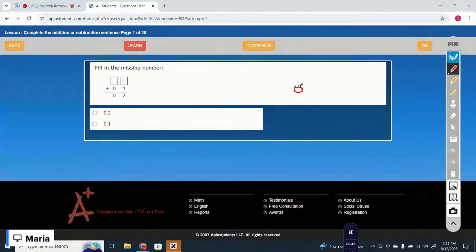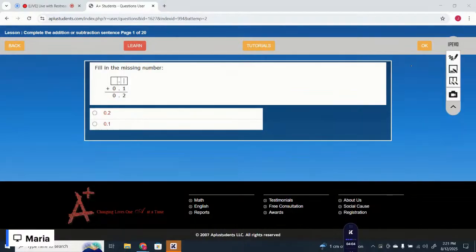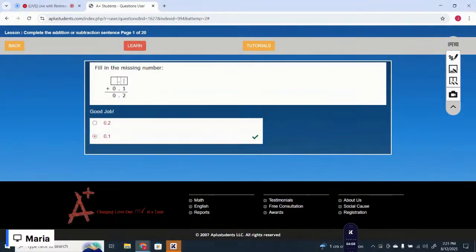We need to do 0.2 minus 0.1. 2 minus 1 is 1. That is 0.1. Option 2 is the correct option. That is 0.1.